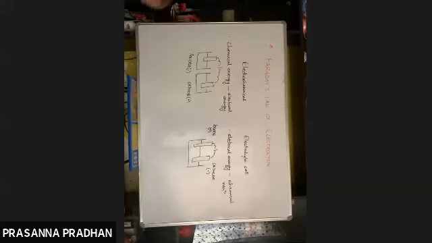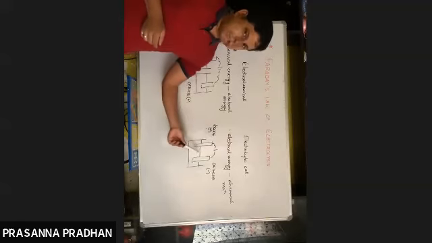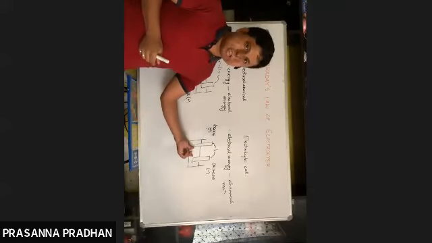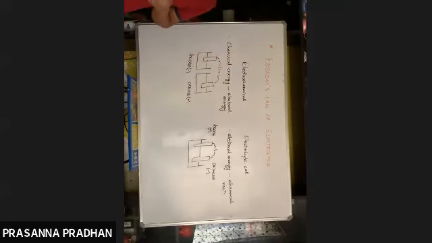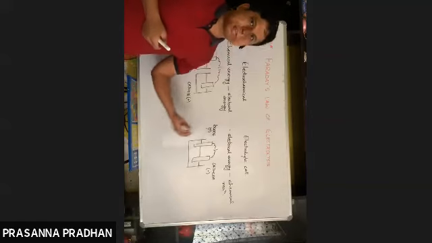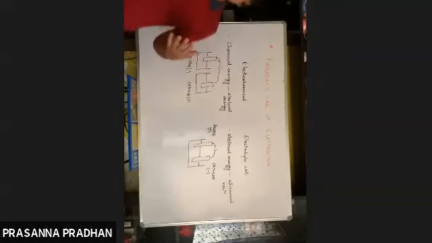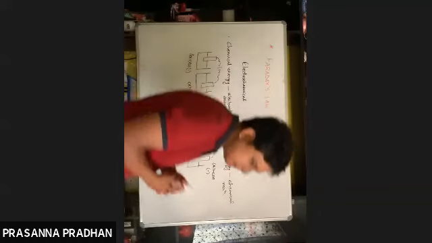So what happens after we pass an electrical current? Some chemical reactions take place, and due to the chemical reaction, some substances will be deposited or liberated at the respective electrode, which we shall study in detail in a later segment.